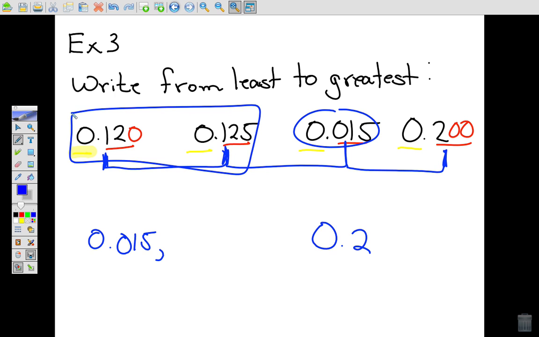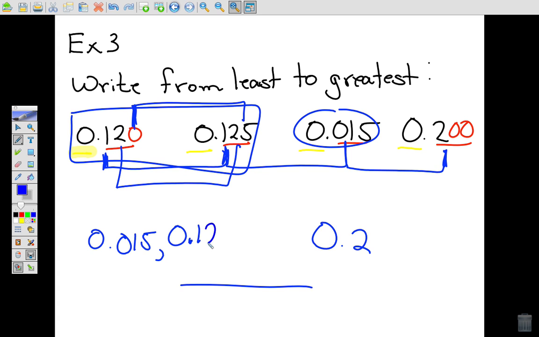I've got to figure out which one of these is biggest and which one's smallest to fit in between here. So let's go to the next digit. 2 compared to 2. I can't compare them. Go to the third digit. And that's why we added a 0. 0 compared to 5. 0 is smaller. So my next one would be 0.12 and then 0.125. And I've put those in order from smallest to largest.